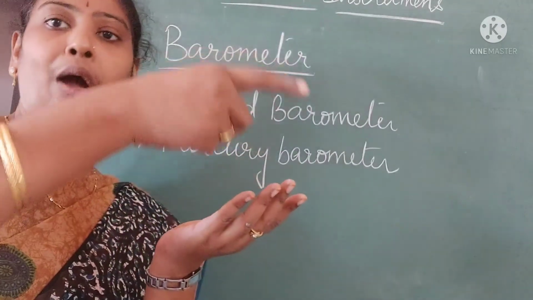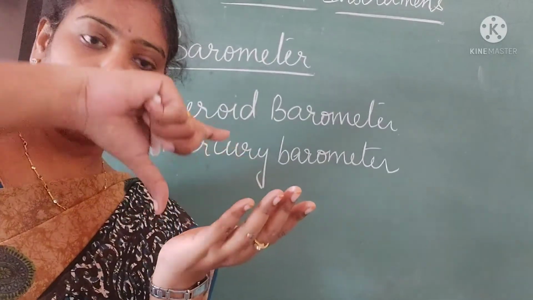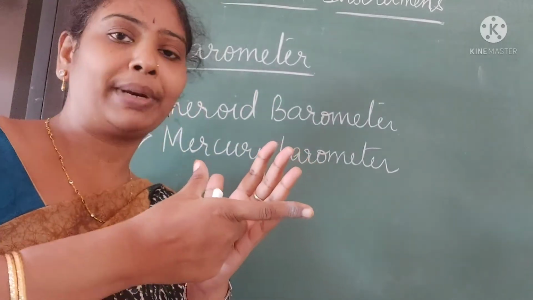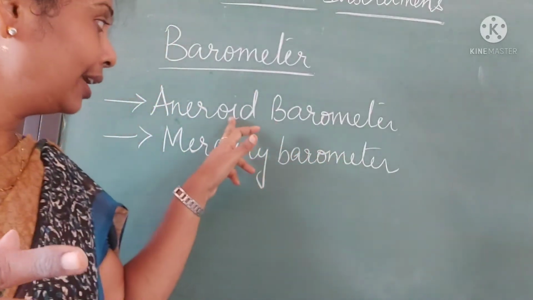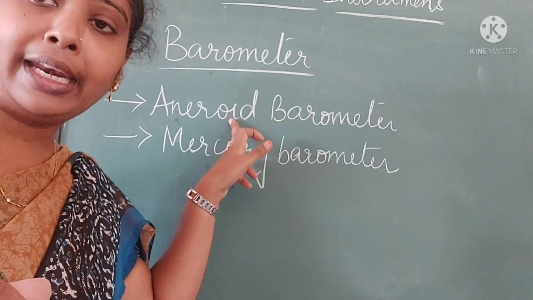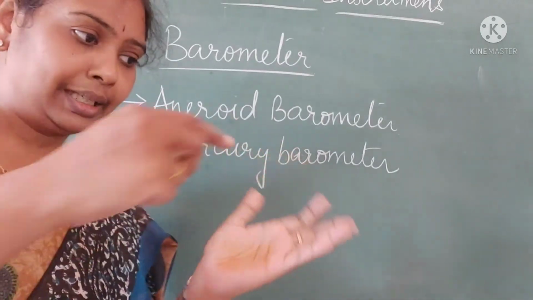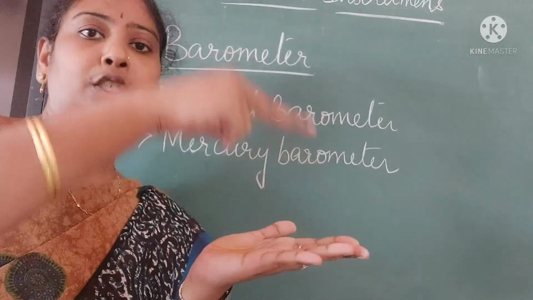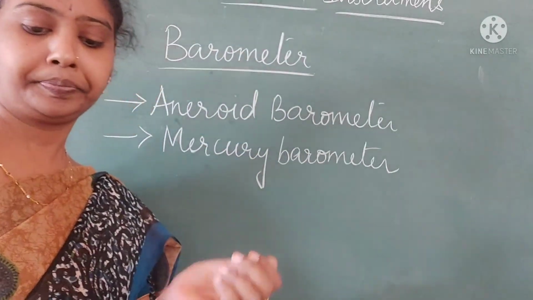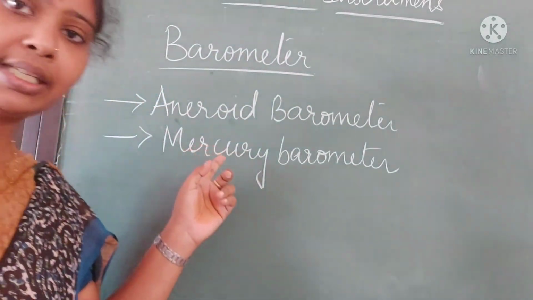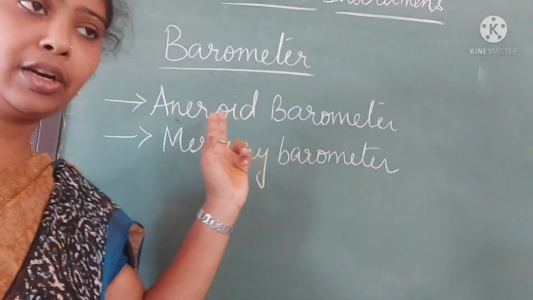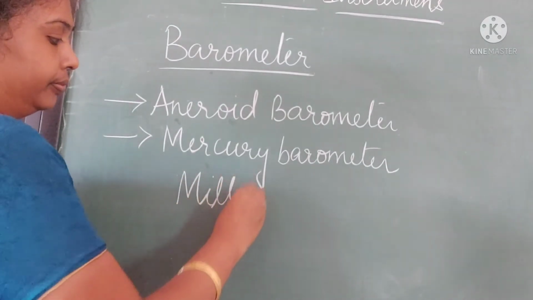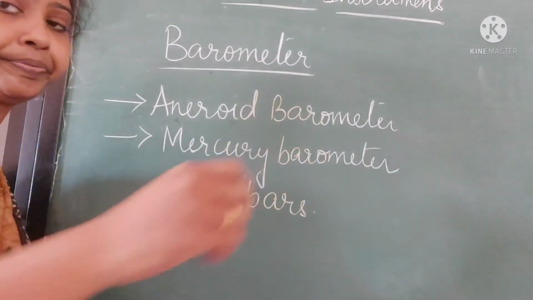So the pressure outside can be felt inside, and there will be a meter to show the pressure. That is the system in the aneroid barometer. The lid will be coming out and going in, and then the pressure will be shown, right? And generally these pressures we have seen in the last lesson also. The pressures are shown in millibars, right?